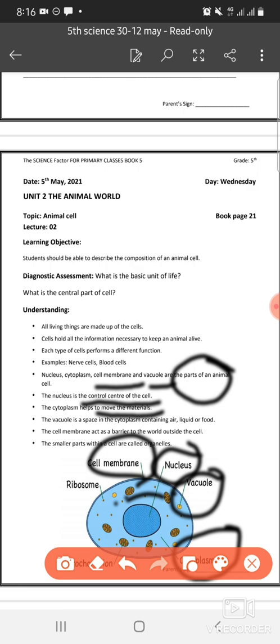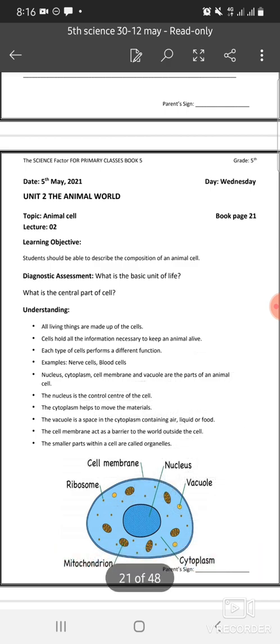Next, the vacuole is a space in the cytoplasm containing air, liquid or food. Means vacuole stores the air, liquid or food. Means it can store the food, water or waste materials for the cell.